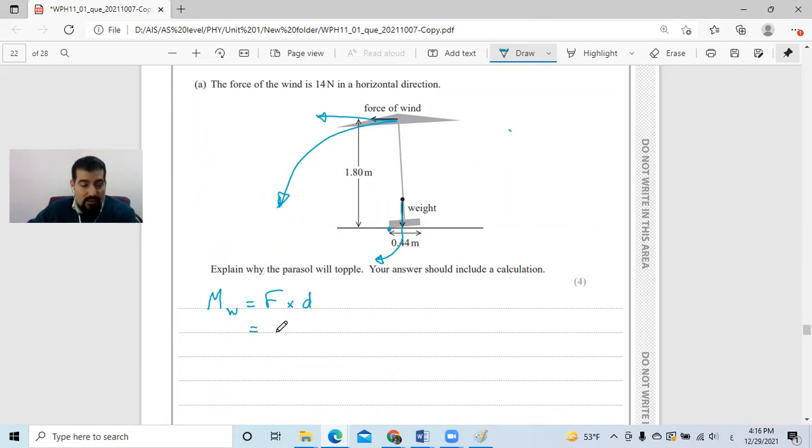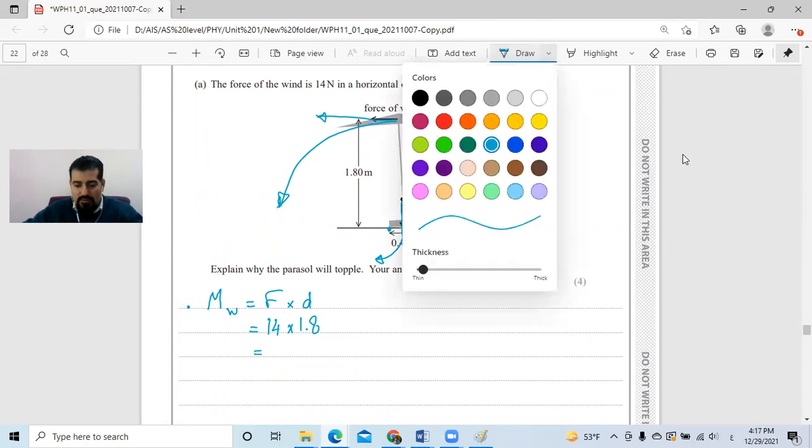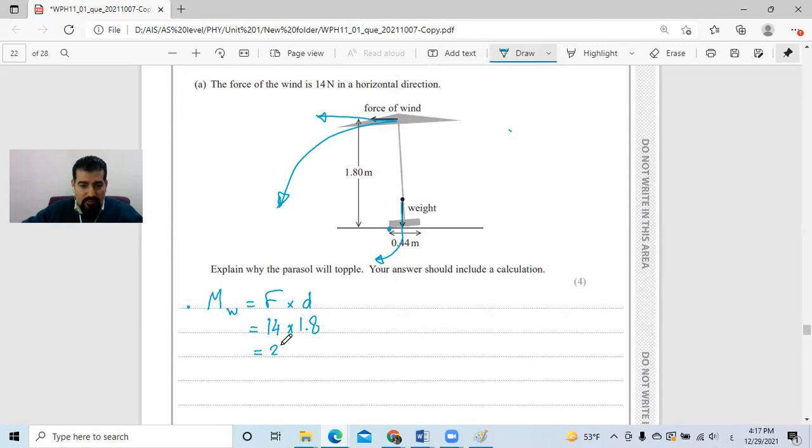Not necessarily is the clockwise moment equal to the anti-clockwise moment. So the force, which is 14, multiplied by 1.8. How much is the answer using a calculator? 14 times 1.8 is 25.2 Newton meter.